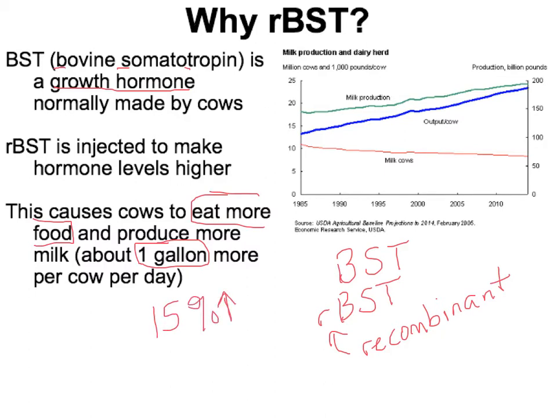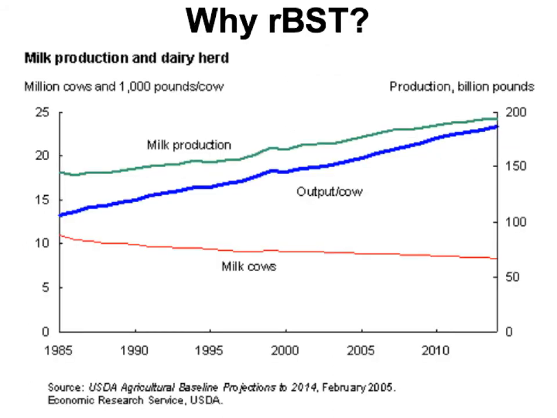Let's blow up this graph over here to take a closer look at what's going on there. So this graph has a lot of interesting data, and it's actually graphing 3 different things. Milk production, the amount of milk each cow makes, and how many cows there are. And all of that is graphed against time. So this data shows from 1985 to 2010 and beyond, so a period over 25 years, what happened.